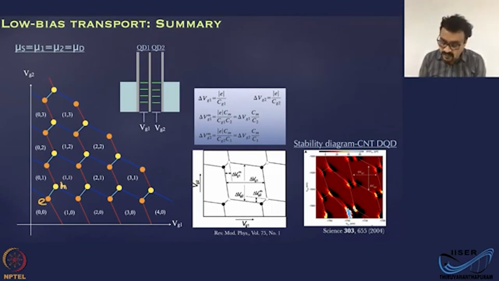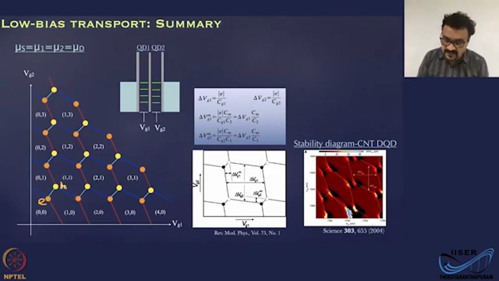And when you cross any of these lines, you can see the charge configuration is going to change, but there is no transport there. For example, these two, 3 0 and 3 1, and along this boundary, 3 1 and 3 0 are degenerate. Similarly, along this boundary, 1 0 and 2 0 are degenerate.